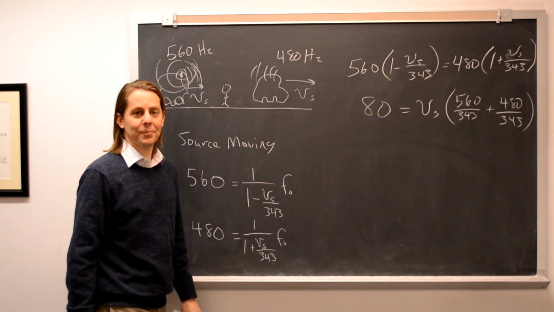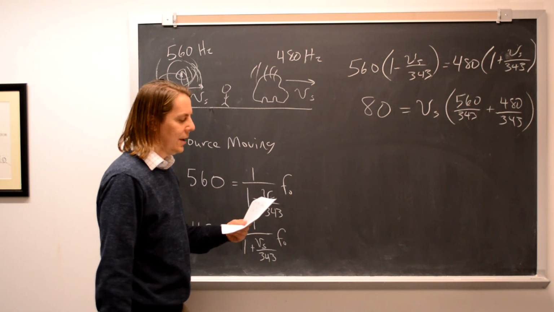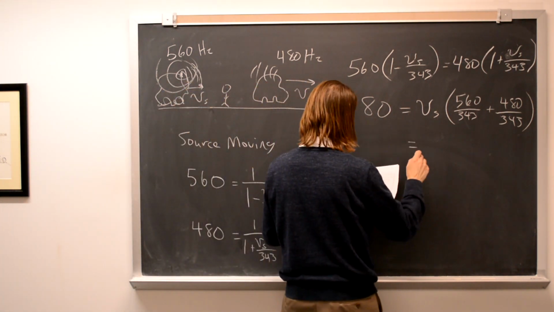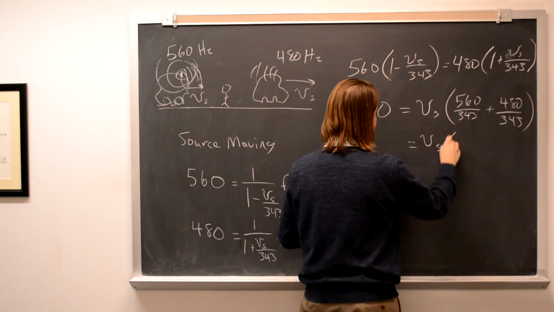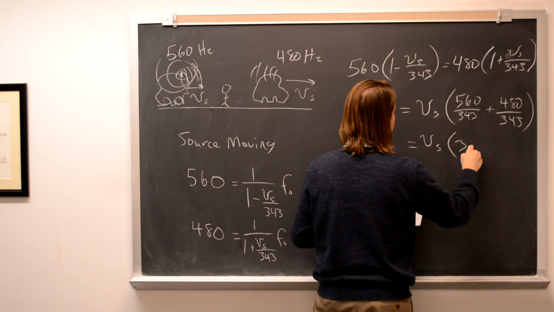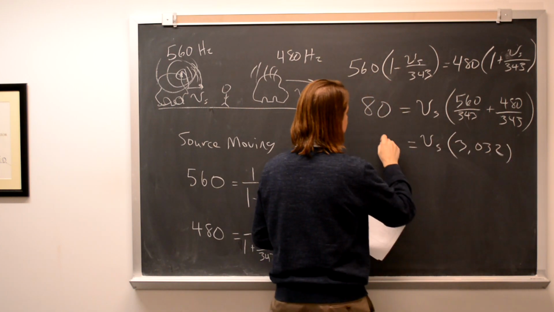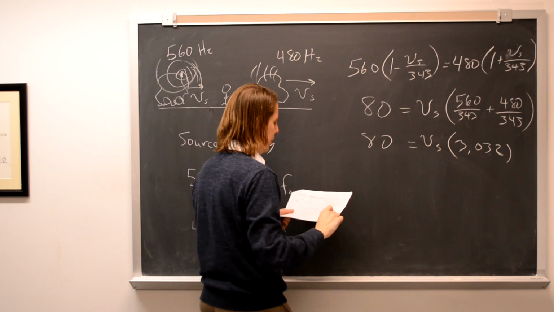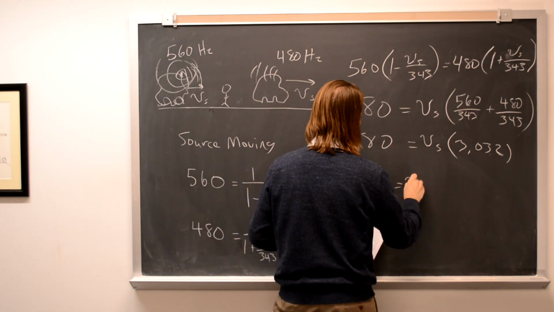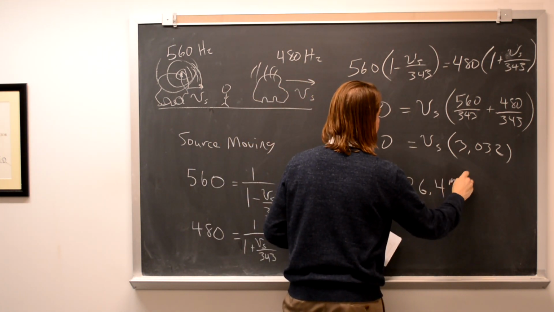And that's just a number. You could solve it and you get 80 equals Vs times 3.02, 3.03. But you can see we're done now. Now we're down to numbers. And we get Vs equals 26.4 meters per second.